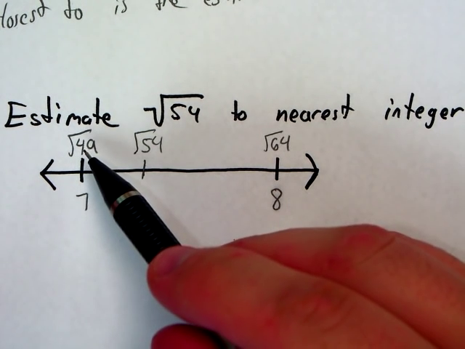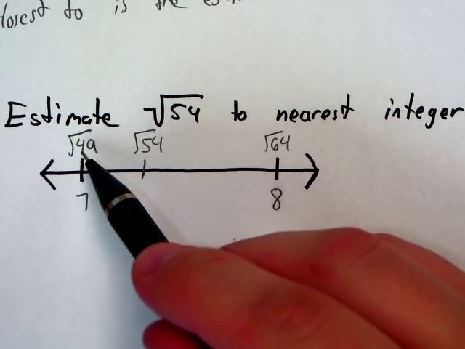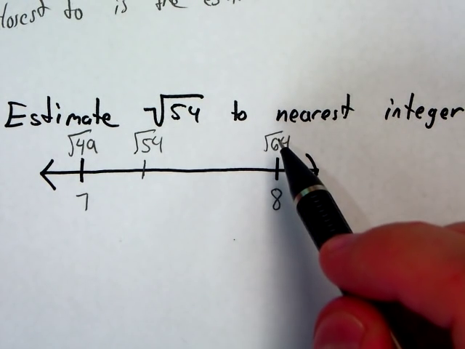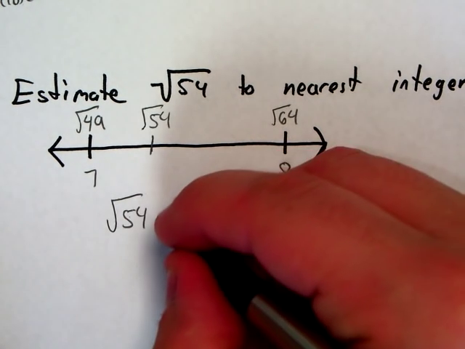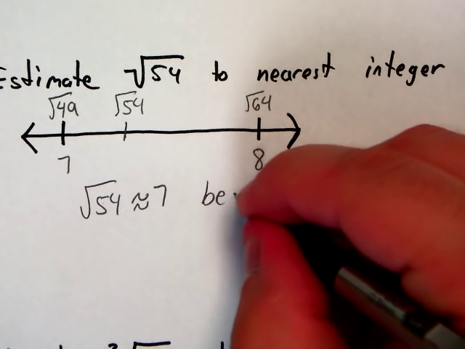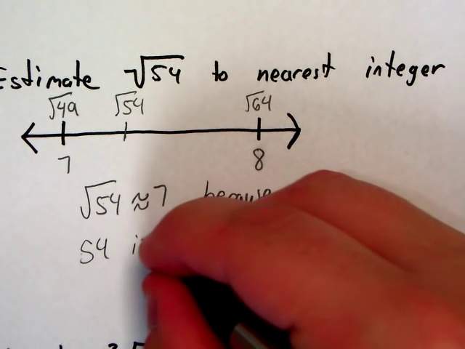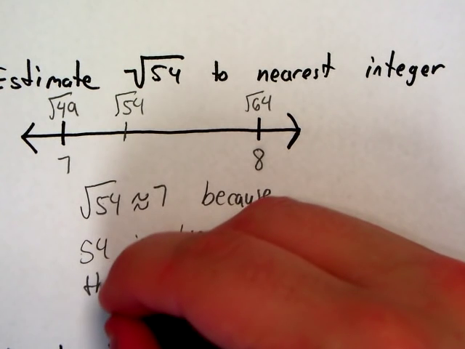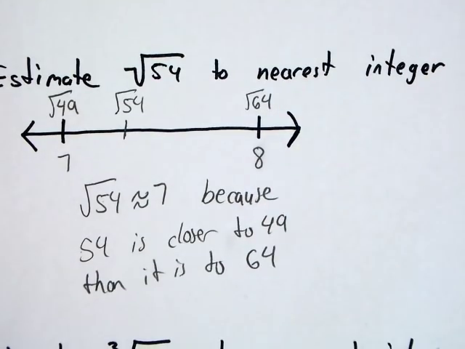Because 54 is 5 away from 49 and 10 away from 64. So it's going to be closer in this direction than it is in this direction. It's closer to 49 than it is to 64. So the estimate would be square root of 54 is about 7 because 54 is closer to 49 than it is to 64.